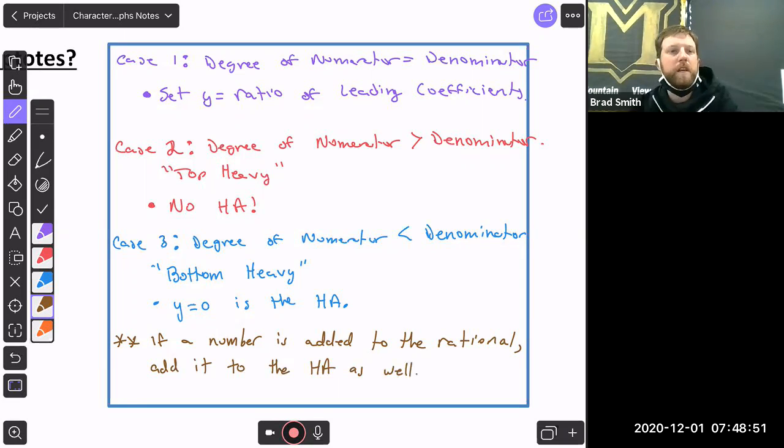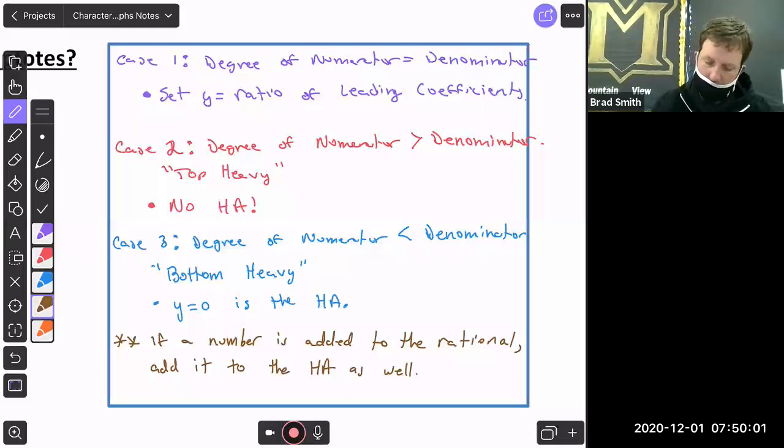So if a number is being added like number 4 above, we're going to add that to the HA as well. So I'll pause it, let you copy this, and then we'll work through these examples.